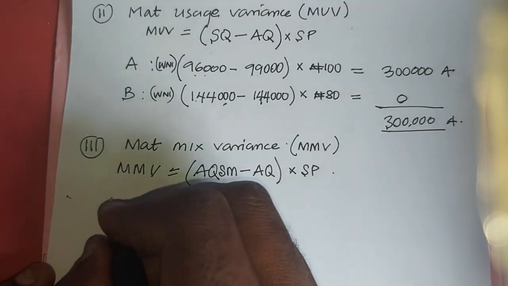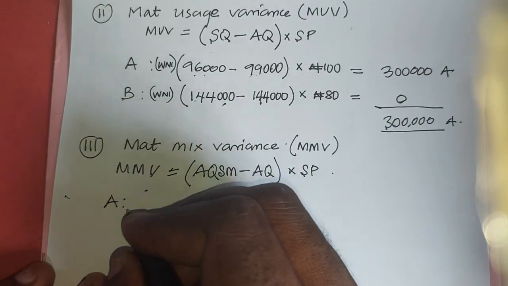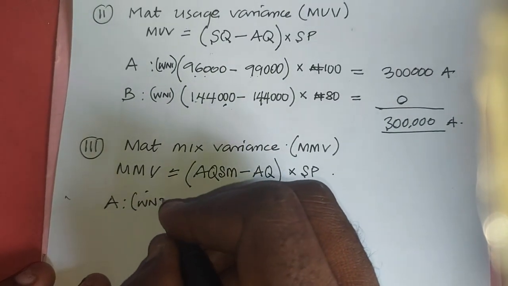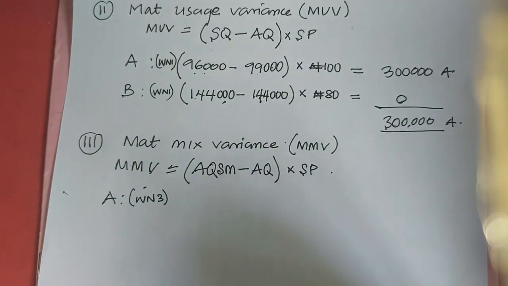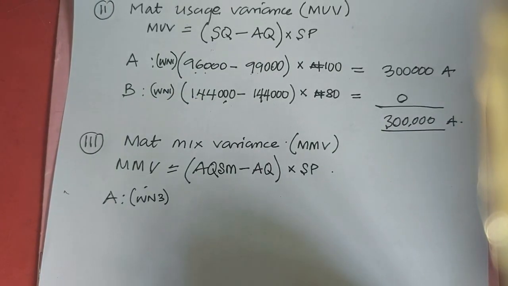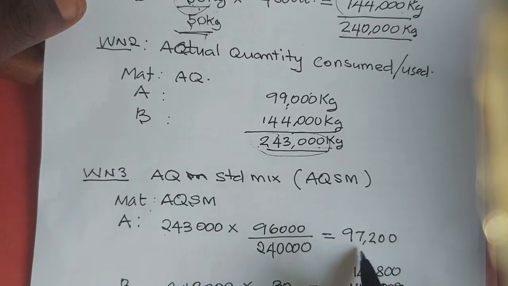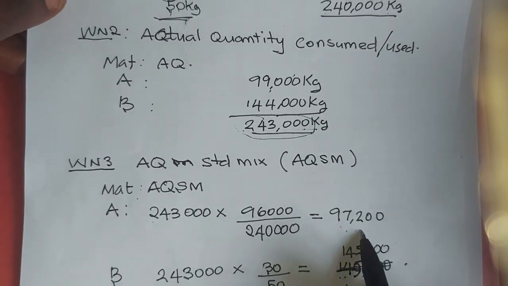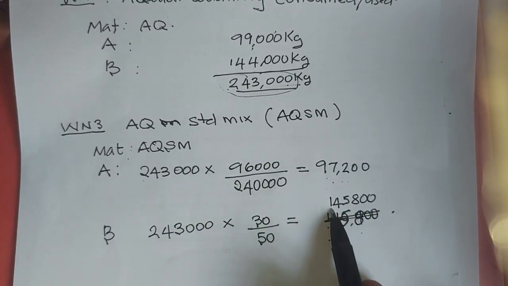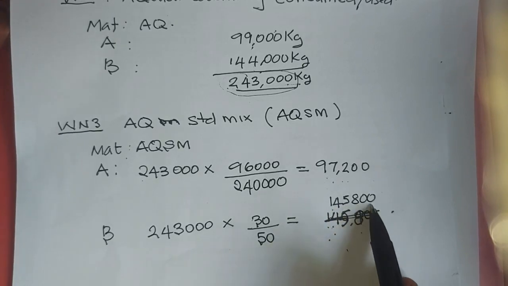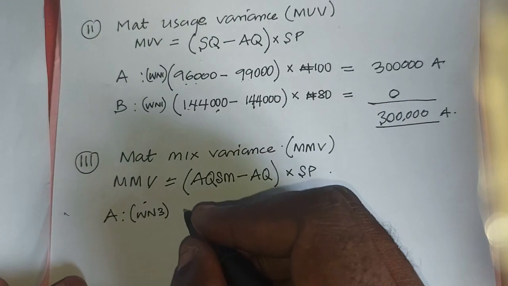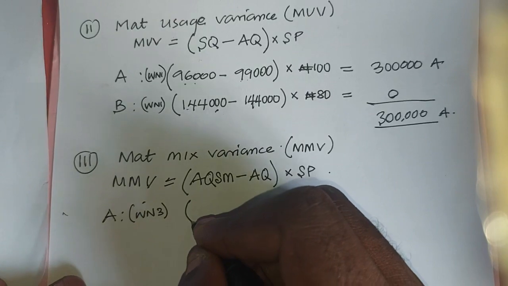So for A, what is our actual? That is working note 3. The actual quantity in standard mix for A is 97,200 and for B is 14,500.